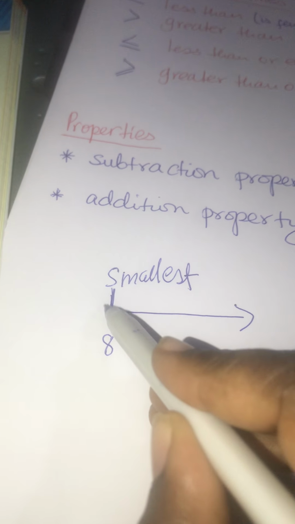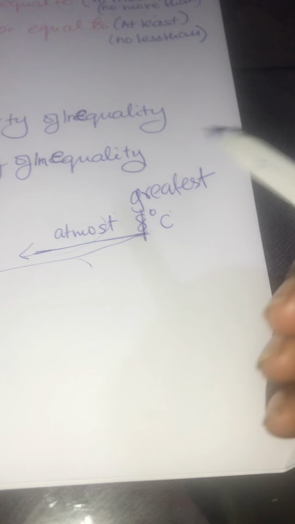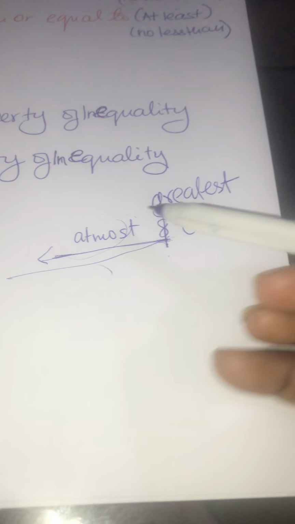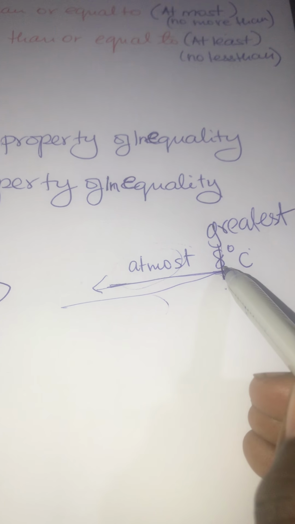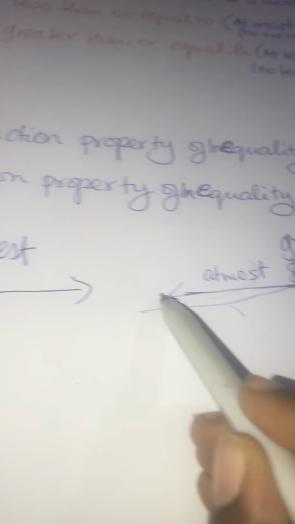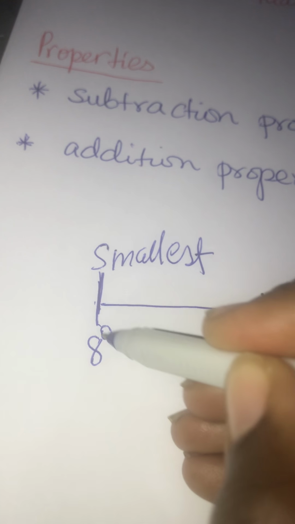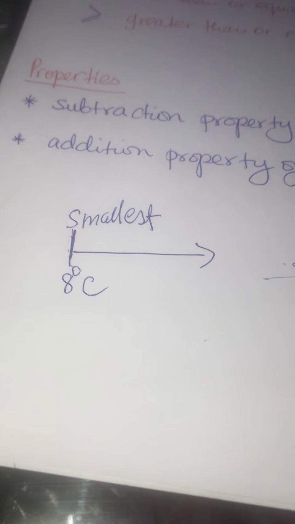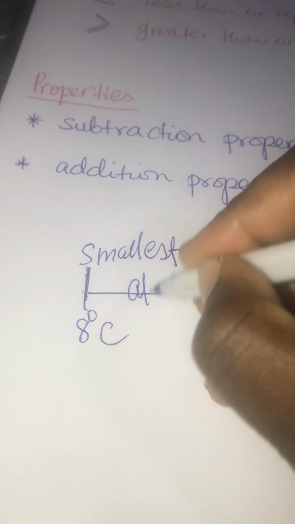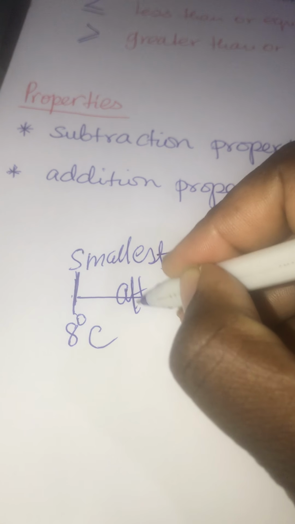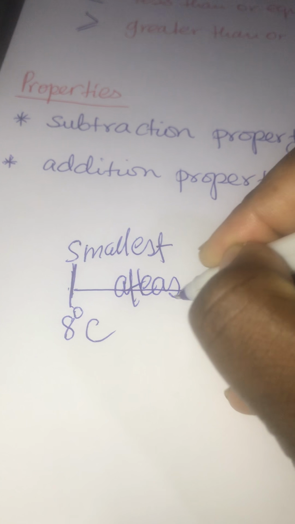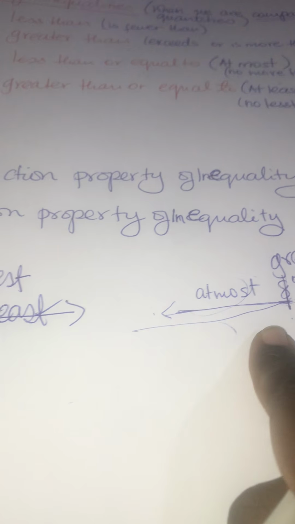Smallest number means your numbers are increasing. If this is the greatest number, these values are decreasing. Okay? That's what at least means.